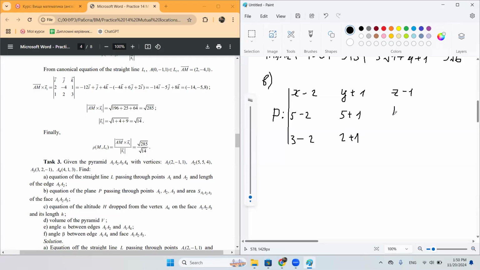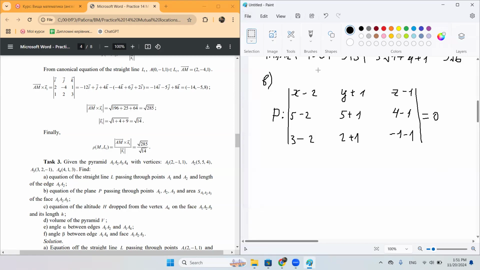Then 4 minus 1, and minus 1. Let me double check it. Of course. So x minus 2, 5 minus 2, 3 minus 2. Okay. 5 plus 1, 2 plus 1. Correct. 4 minus 1, minus 1, minus 1.